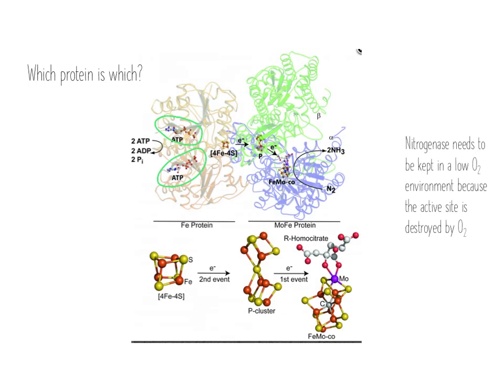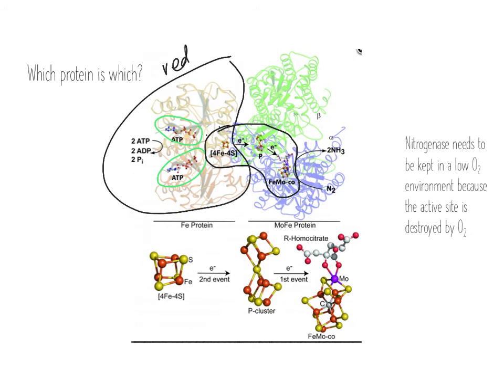And the other thing I really liked about this diagram is that it really shows how close all these iron sulfur P cluster molybdenum iron clusters are together in order to be able to pass the electrons. And the note that I wanted to make here, so this piece right here is the reductase, and then that makes this chunk over here the dinitrogenase.